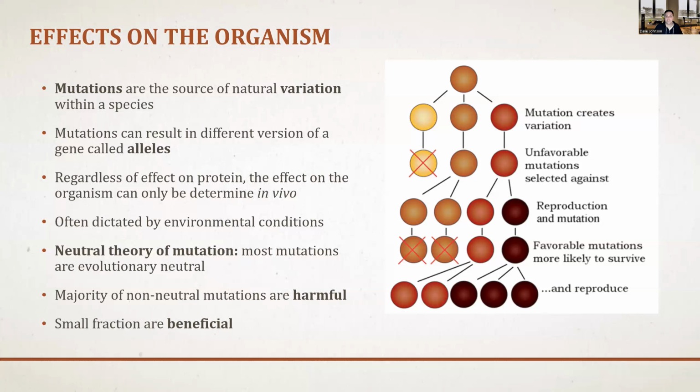And harmful mutations will be actively selected against, okay? It doesn't mean they will disappear from a gene pool. It just means they will be selected against, and that very tiny fraction of mutations that actually confer some type of reproductive fitness benefit to the individual will begin to accumulate.